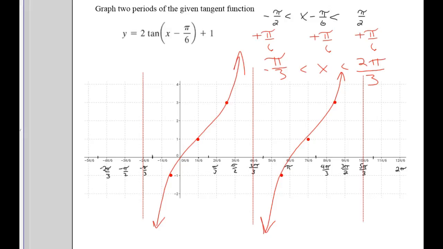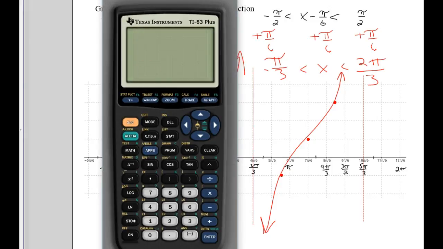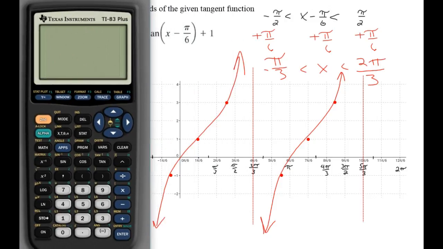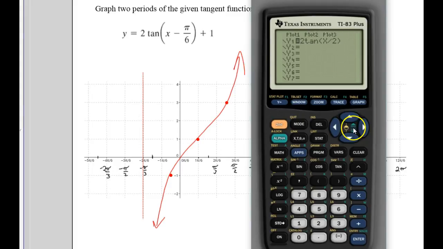Alright, and then again, I always think it's a great idea to check this stuff. So if I graphed y equals 2 tangent x minus pi over 6 plus 1.